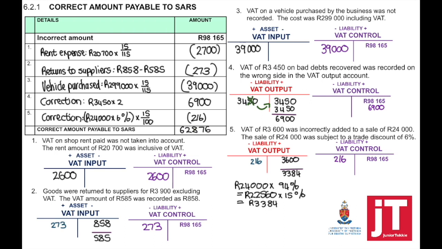Once we've done all the transactions, we can now calculate the correct amount which is payable to SARS. Make sure that you include the incorrect amount, minus, plus, minus, equals correct amount payable to SARS.